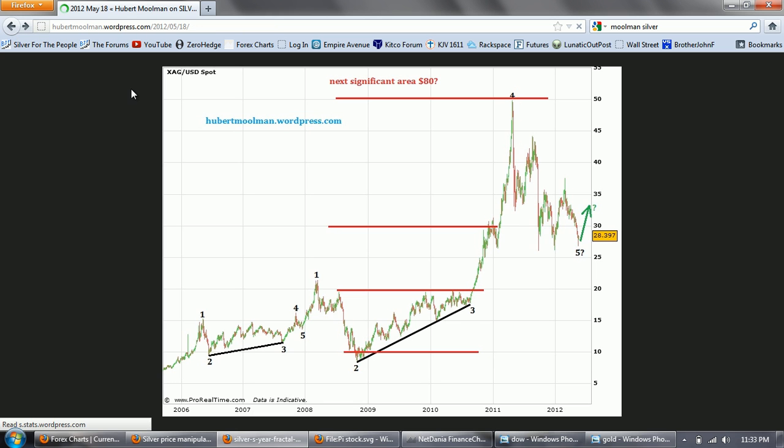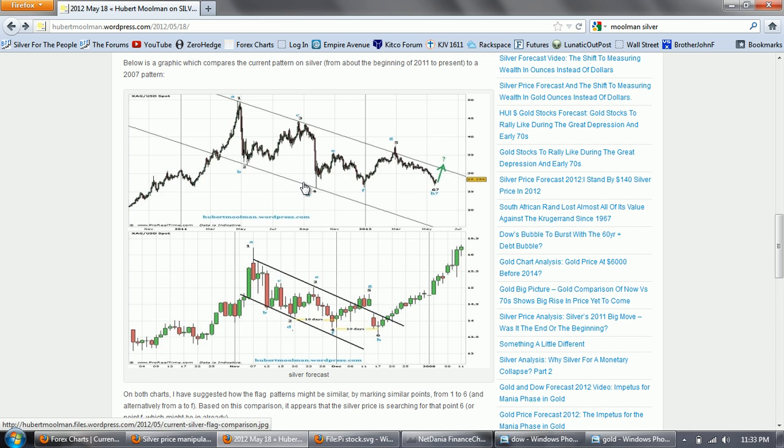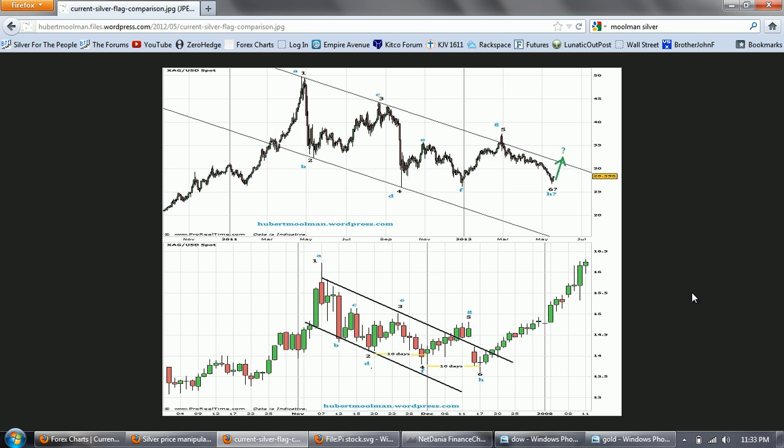The next chart that he has in this article is an interesting pattern that comes from 2007, and he's comparing the current pattern that we see this year to that pattern. Now, it's not a perfect comparison because you can see down here at the bottom that this chart pattern is showing from the month of October through the beginning of January, about a 4-month time frame.